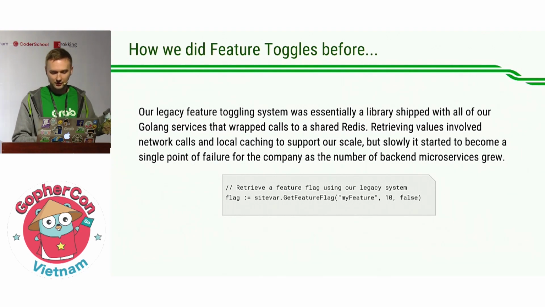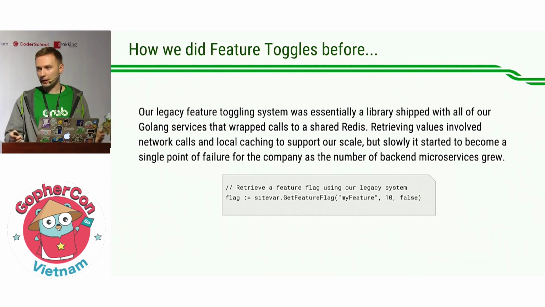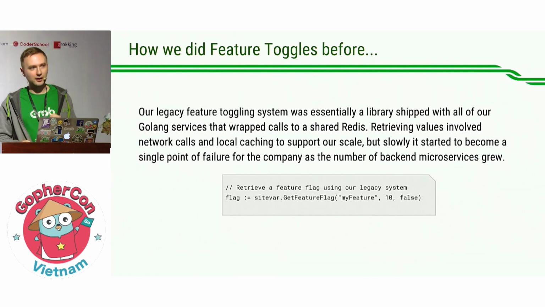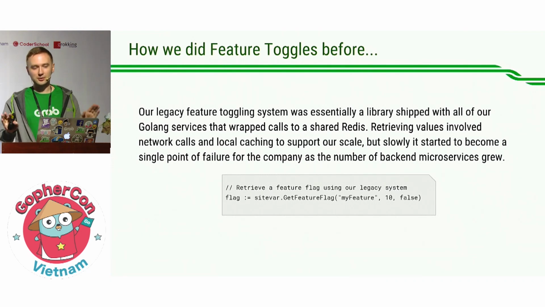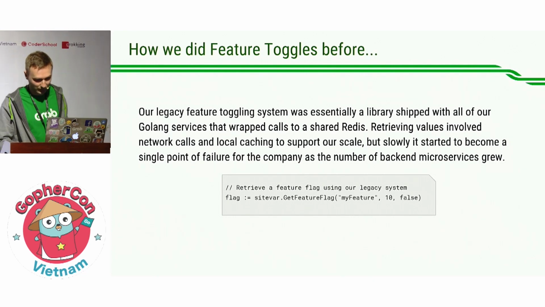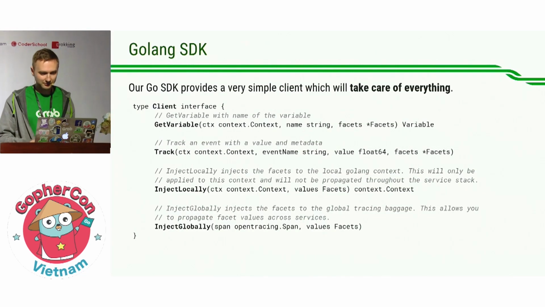And the implementation was actually a shared Redis. As you can imagine, as the number of services grew, this Redis became a bottleneck and things would fail. I think we had it in staging, so not that bad. We had a case where someone accidentally connected to Redis and flushed all the keys, and staging was gone. Not fun.